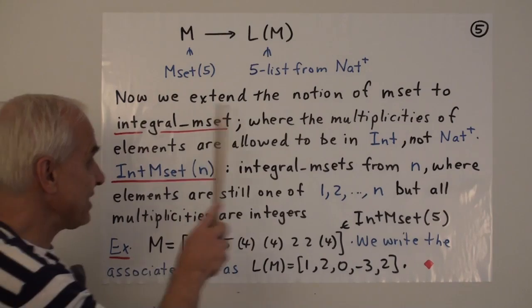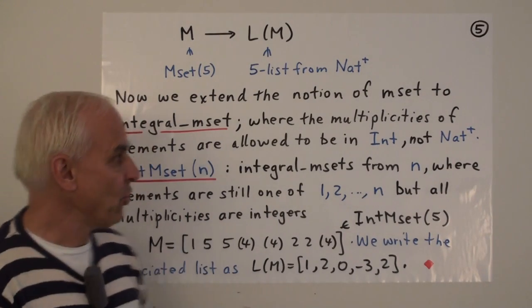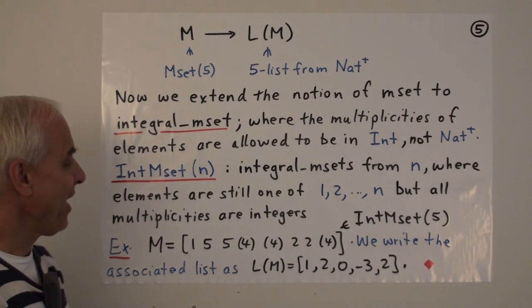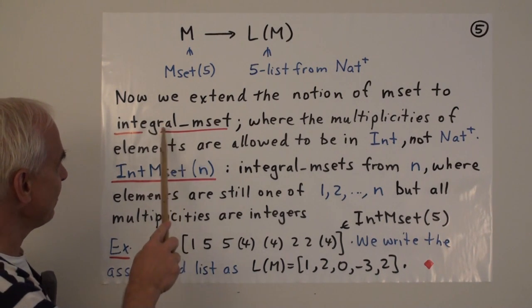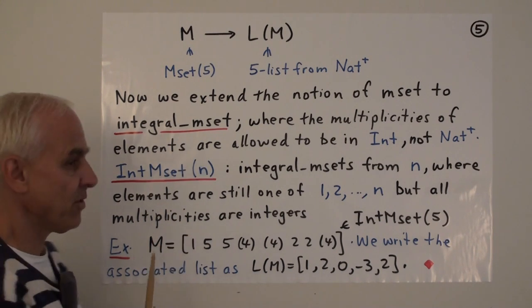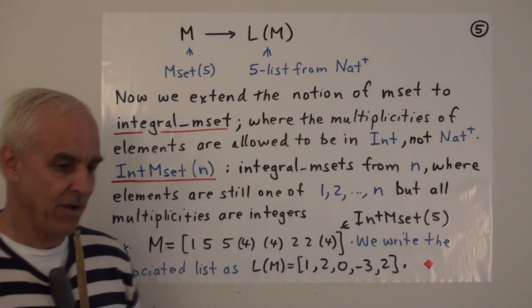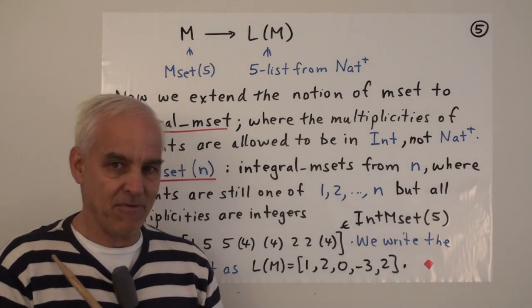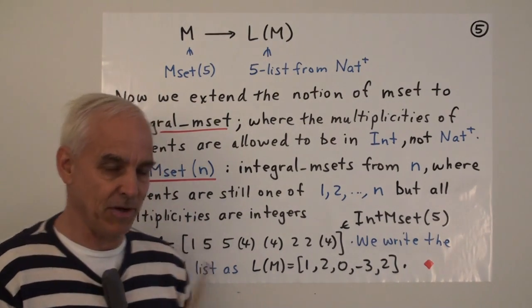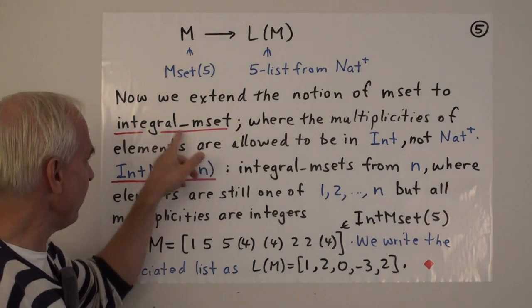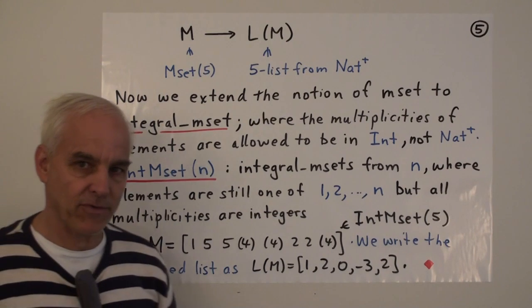So now we want to extend the notion of mset to what we might call an integral mset. And I want to write this in a somewhat novel way with the underline bar here, as one does when typing in a name of a file on your computer system, and you don't want to leave a space. You want to connect this word with this word, so we use one of these underscores.